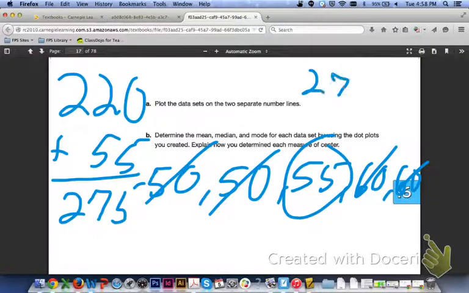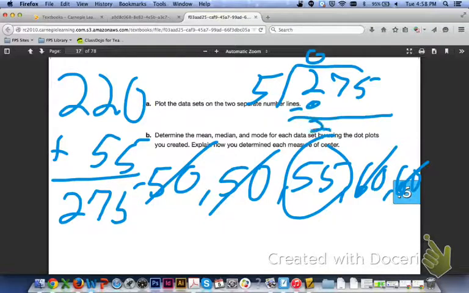So 275 divided by 5. 200s can't be split up into 5 groups, so that's going to be 0. I have 2 200s left. I split those up into tens. I would have 27 tens, and there'd be 5 in each group.